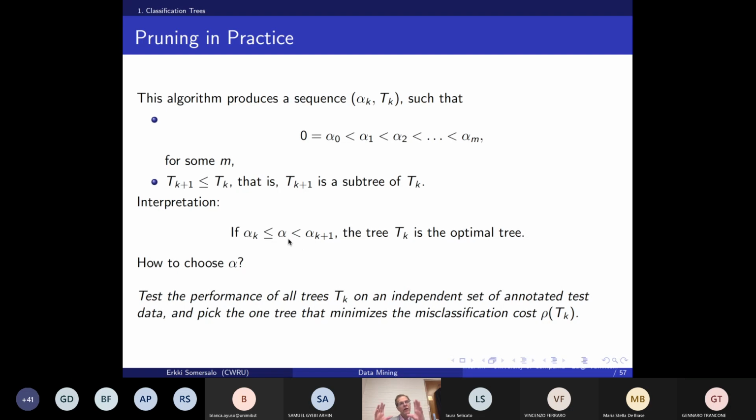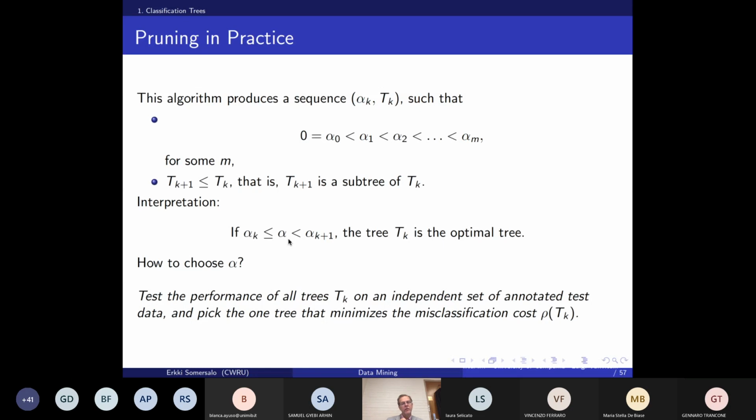So if you are given an annotated data set, what typically you have to do is split your annotated data set in two, like half and half randomly, or whichever way you want. You use one half of the data to construct the tree, the maximal tree. Then you do the pruning, and then you use the second part of your data to test which one of those pruned trees is doing the best possible job in terms of misclassification.